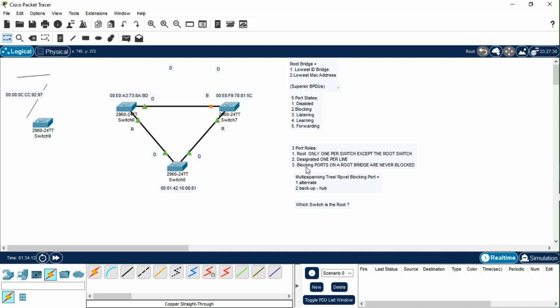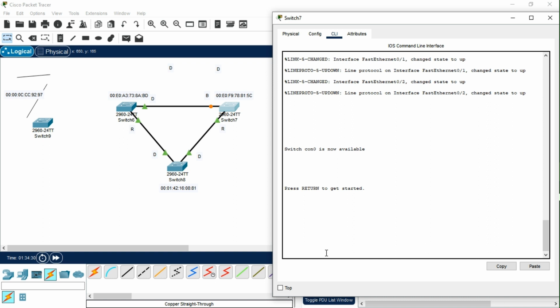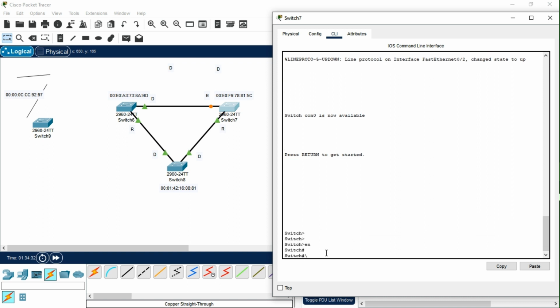So you can think of blocking as alternative or backup. Nonetheless, they basically do the same thing, just the jargon differs depending on which version of spanning tree you're using. If you see alternative, don't be surprised. And in this situation, you can actually see that it does say alternative.